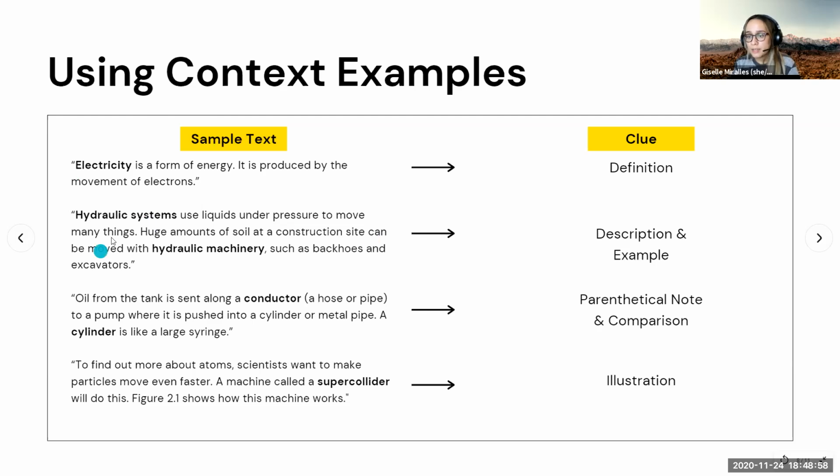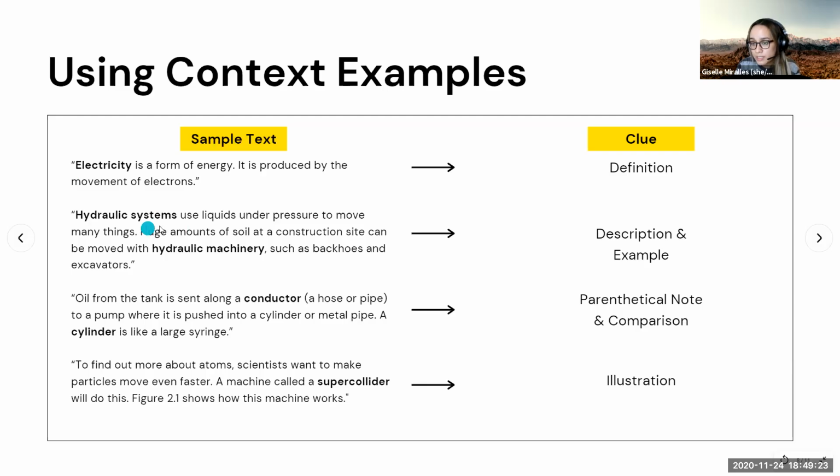Another sample text here. Hydraulic systems use liquids under pressure to move many things. Huge amounts of soil at a construction site can be moved with hydraulic machinery such as backhoes and excavators. So there's two different context clues appearing in this sentence. Hydraulic systems is the word in question, and a descriptor is added.